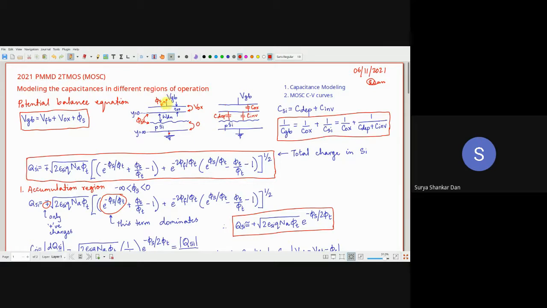Please keep in mind, some metallic wire, which may not be the same as, this will be VFB, the material which is used on the metal terminal, the contact terminal. Because remember, the contact may be polysilicon also. But you are not applying the voltage on the polysilicon. What you are applying is the voltage on the metal 1 gate.